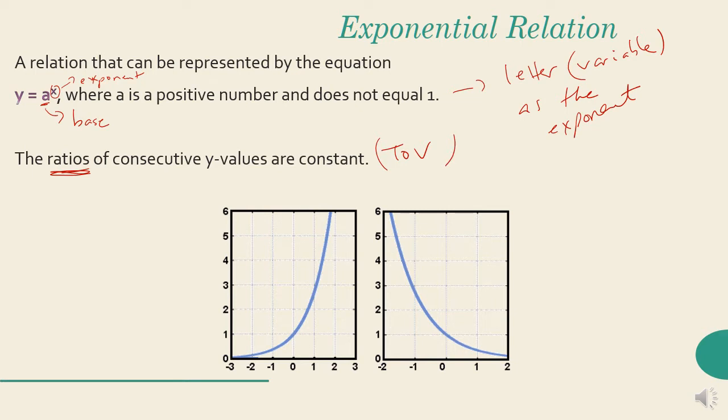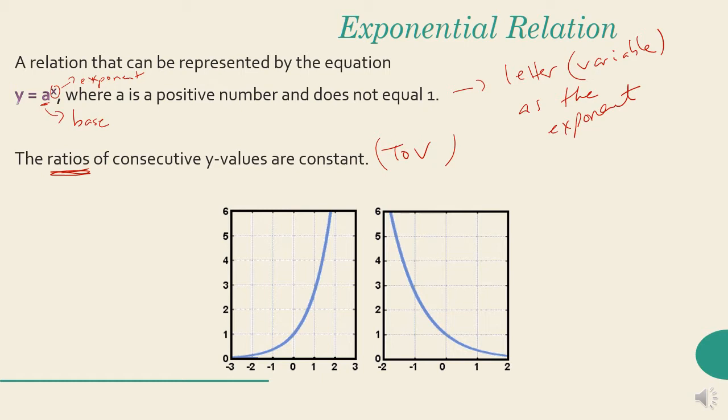Now these two graphs on the bottom, we have two different types of exponential relations. One is growth and one is decay. As you go left to right, if your graph is increasing, so if your relation's getting higher as you go left to right, it is considered exponential growth.